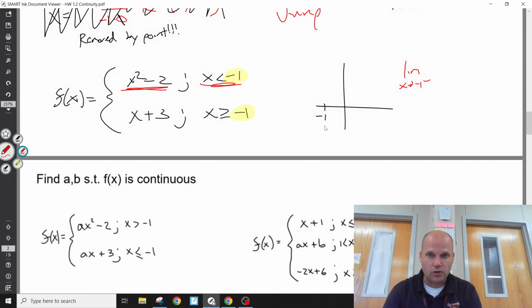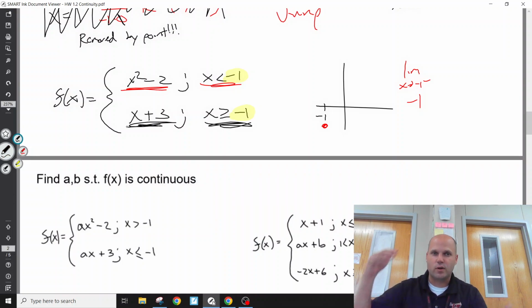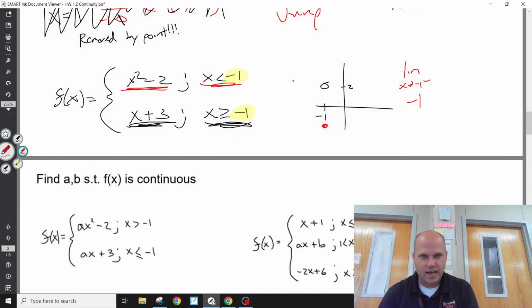So if I plug in something close to it, I'd also get -1. If I plug in -1 into the second piece, like -0.99999, well, plugging in -1 into that gives me 2. Plugging in something close to that would give me 2. What we have is this x squared, which will stop here, and then we got this x plus 3, which picks up from there.